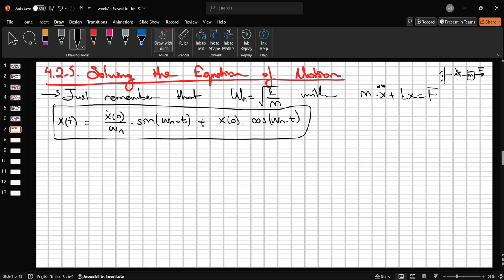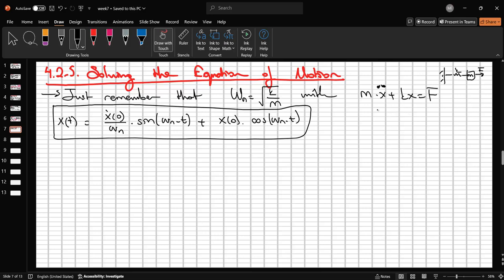Just remember that if we take the Laplace transform of these terms, we have s divided by s squared plus omega n squared, in the definition of the natural frequency or the damping ratio. Just remember that.